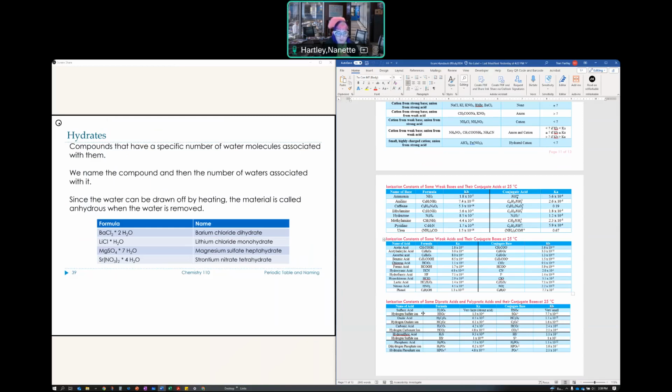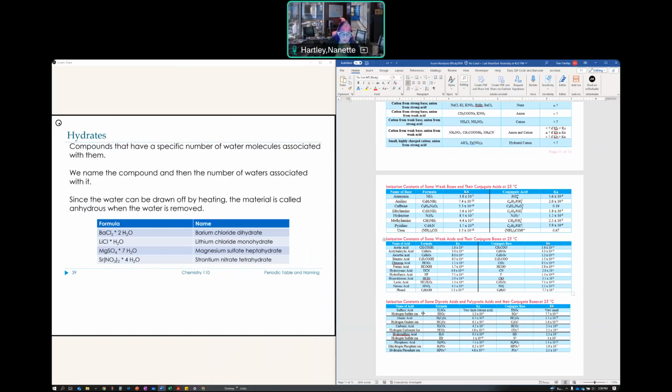Sr(NO3)2 is strontium nitrate, and there are 4 waters on it, so that's a tetrahydrate. If I wanted to talk about lithium chloride without any water, we would call that lithium chloride anhydrous because there's no water on it. Okay.